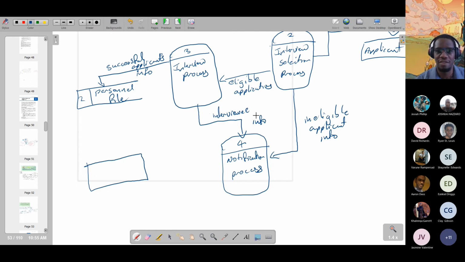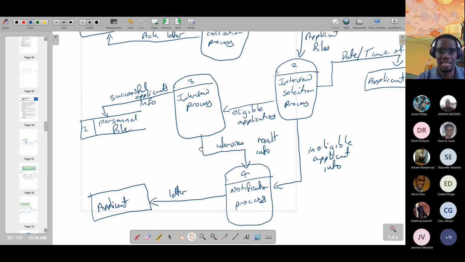So let's change that, right? Interview result information. So we could say the interview result information gets sent to the notification process, and the applicant gets informed via a letter.